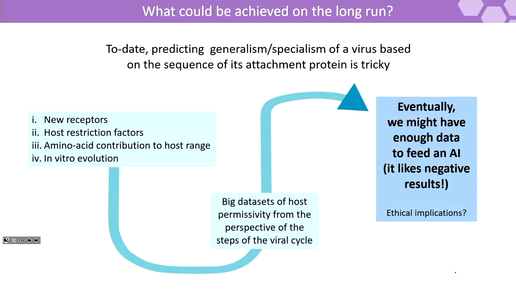Finally, we could feed this to an algorithm that could help us identify features that might be important for host range. But I'm leaving you to this. This might have ethical implications that should maybe be discussed before starting such a study.